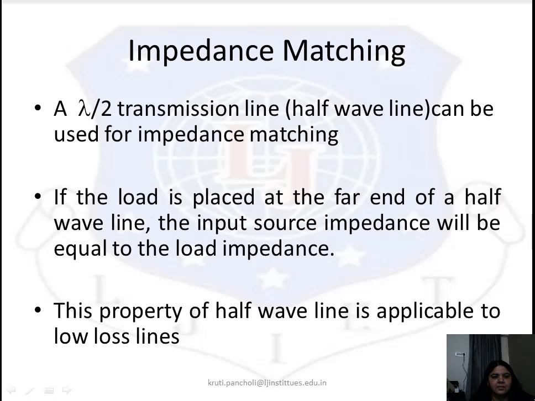The simple quarter wave transformer suffers from the disadvantage of being sensitive to change in frequency.